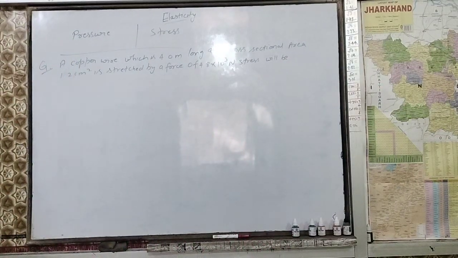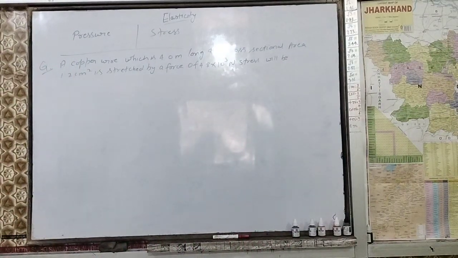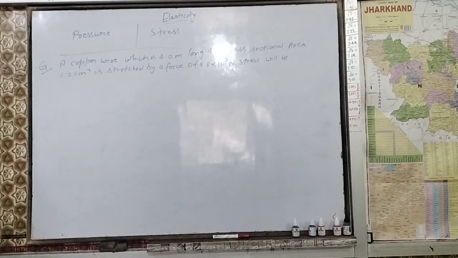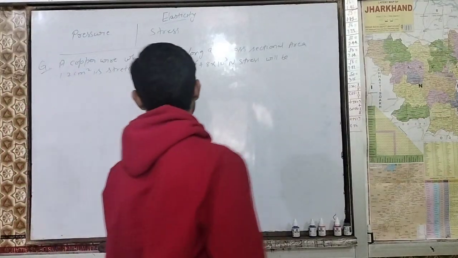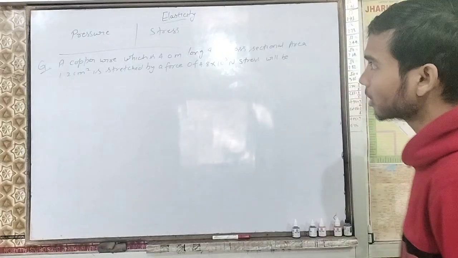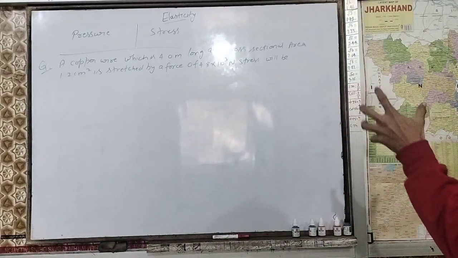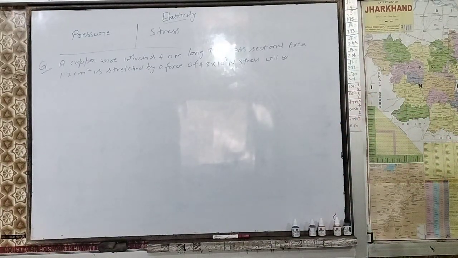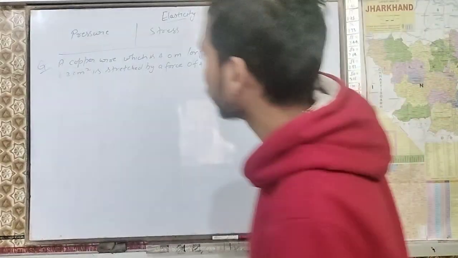First of all, let's get clarity. We have a copper wire which is 4 meter long. The length is 4 meter, and the cross-sectional area is 1.2 centimeter square.